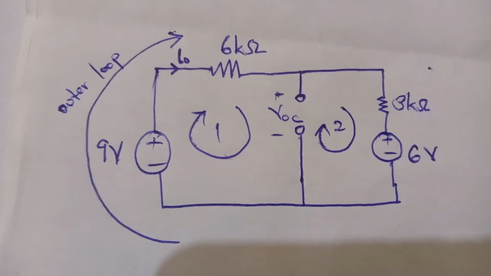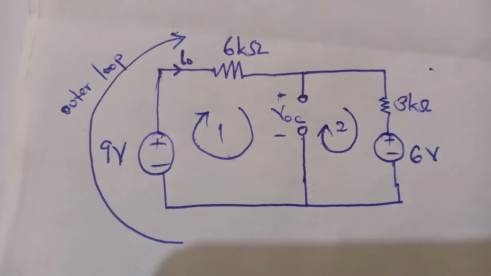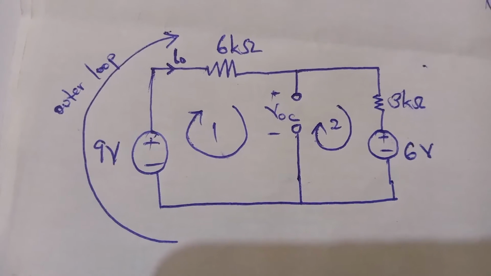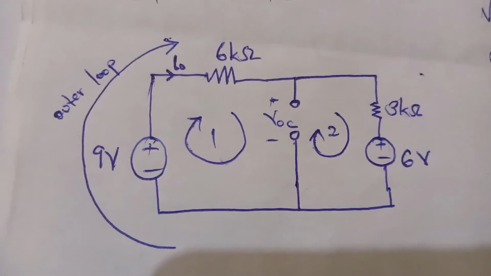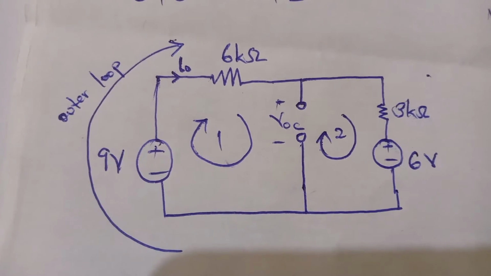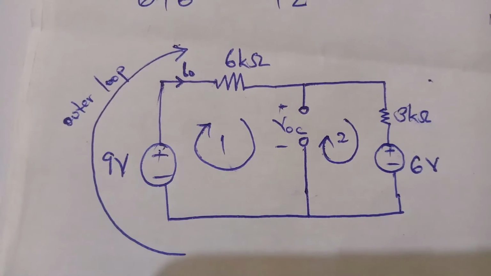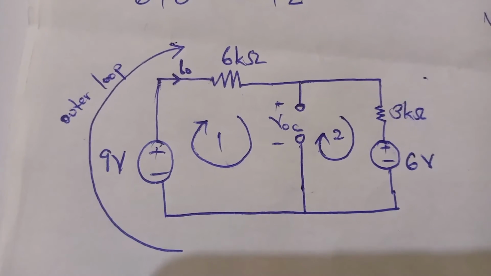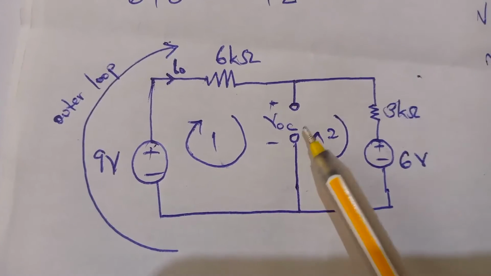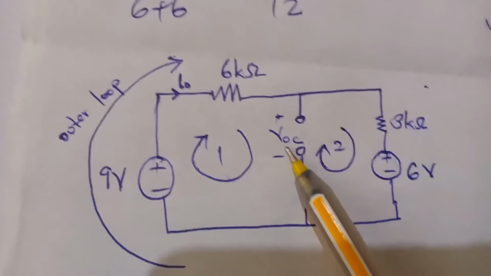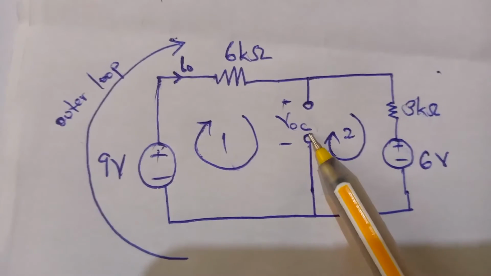Using the outer loop, we can see clearly that it gives us the current flowing through the entire circuit. The current will not go through the open circuit. You see very well, this is an open circuit, so the current will not go through there.